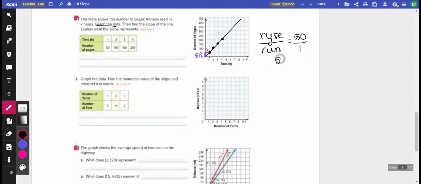So that means it is 50, because 50 divided by 1 simplifies down to 50. So the slope means 50 pages per hour. I'm getting my labels based off of my vertical axis of the number of pages, my horizontal axis of time in hours.